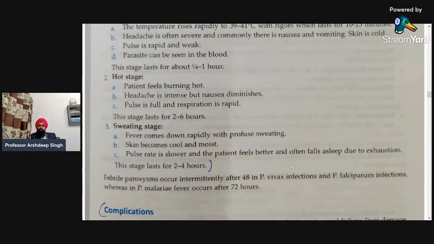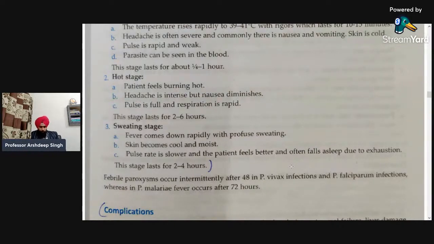The fever comes down rapidly with profuse sweating, the skin becomes cool and moist, the pulse rate is slower, and the patient feels better and often falls asleep due to exhaustion. The body is exhausted due to the first and second stages, and this stage lasts for about 2 to 4 hours.